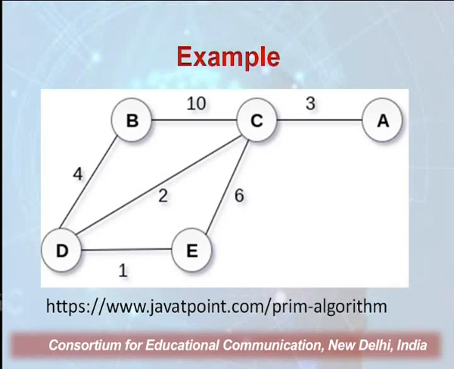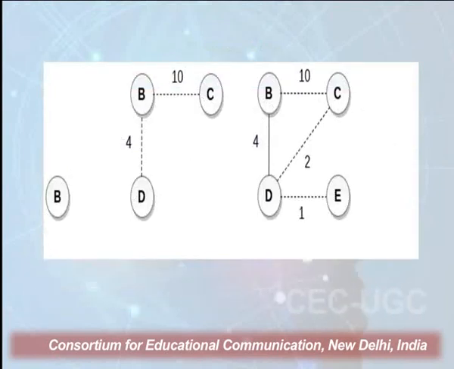BD is 4 and BC is 10. So first of all, we have picked one random vertex, which is B, and then we have seen the possible edges which are going from B to other vertices.